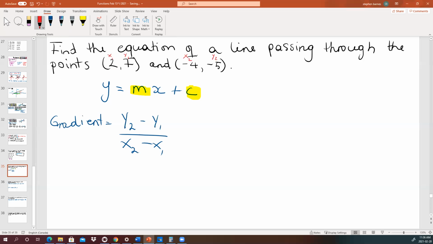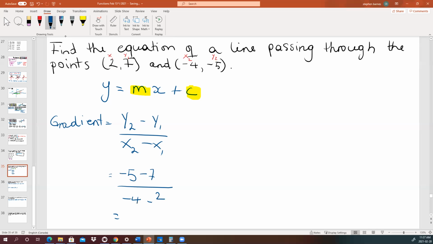So we have 2 points, so let's plug those values into the formula. y2, negative 5, minus y1, which is 7, all over x2, which is negative 4, minus x1, which is positive 2.